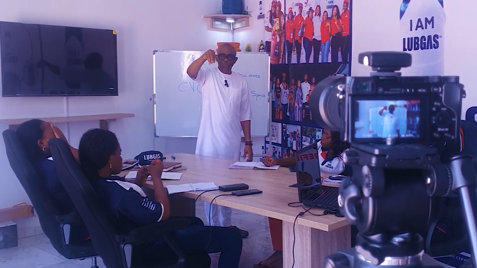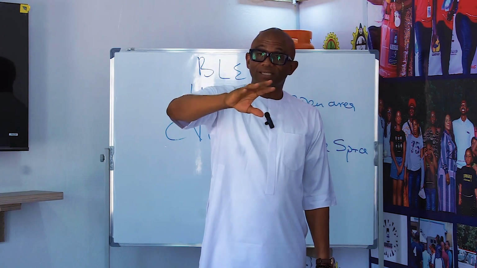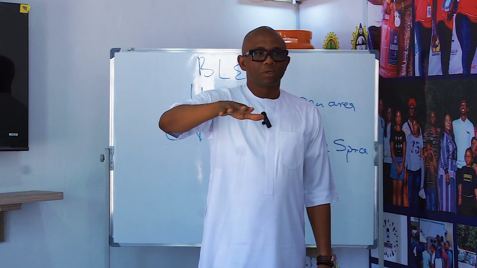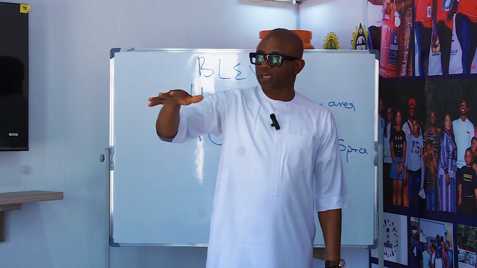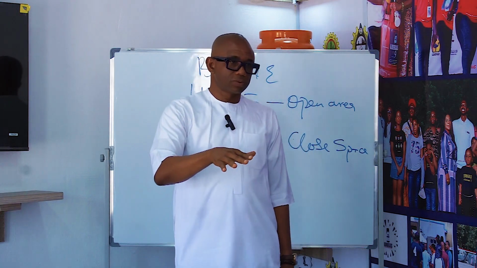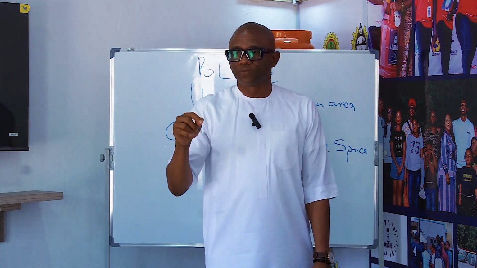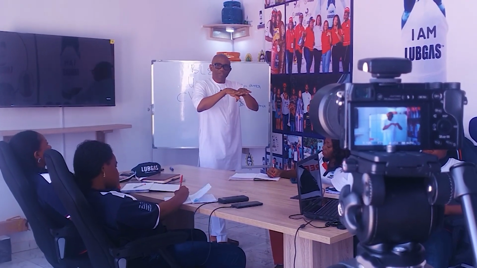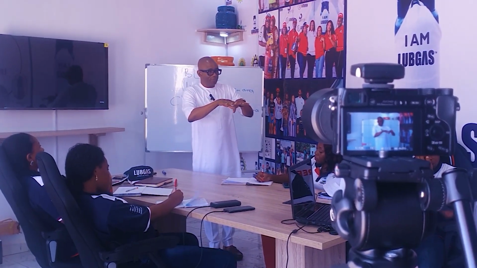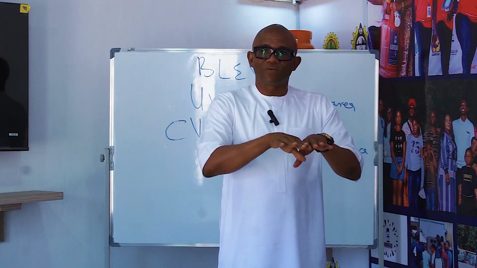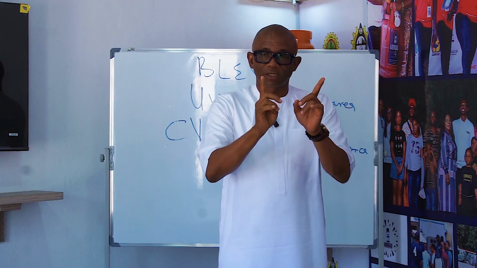So when you have it in an open space, there is a standard for you to leave it in an open space. The standard is this: you have to put it away where there is no source of ignition. Also, you have to build up something for the cylinder to stand above the ground. This happens when there is leakage or when the valve leaks.